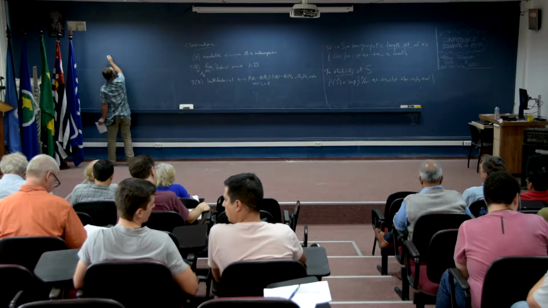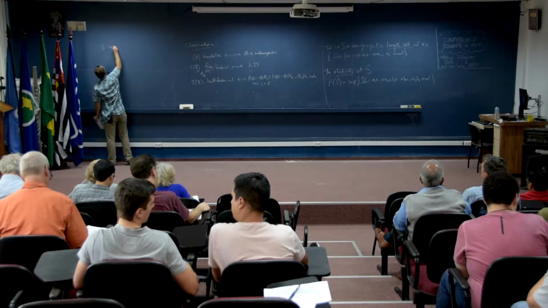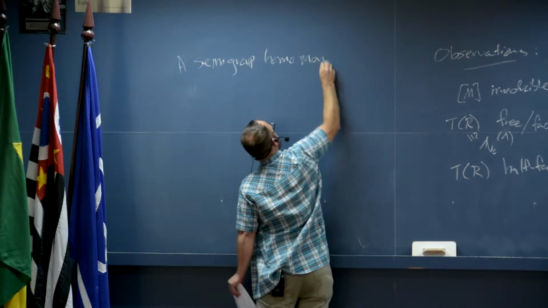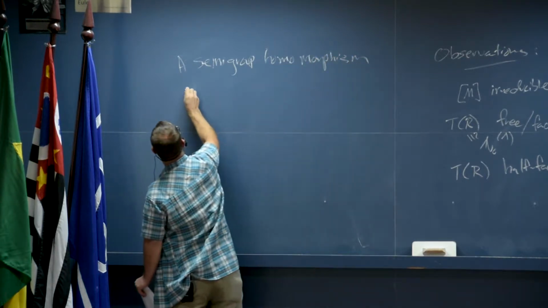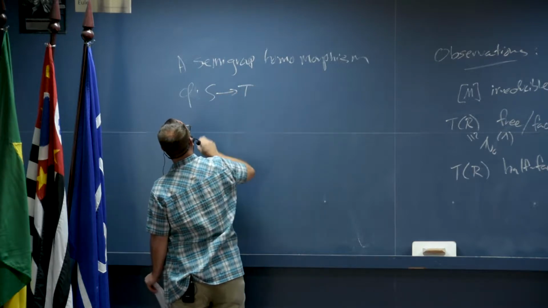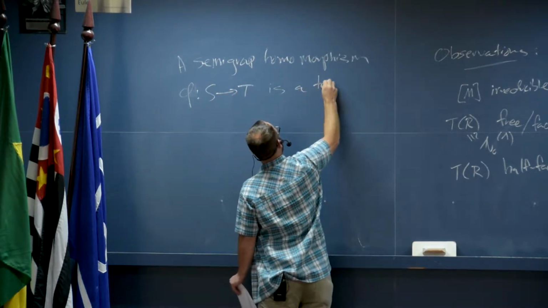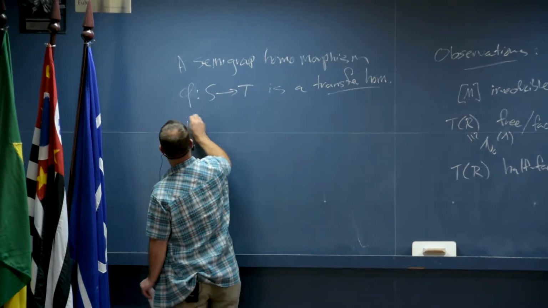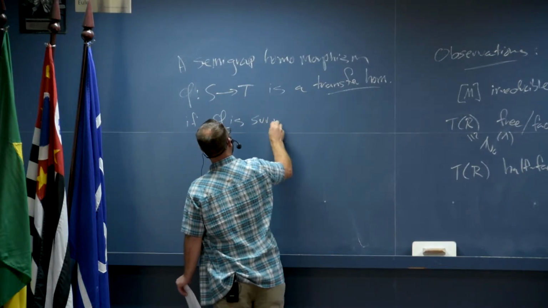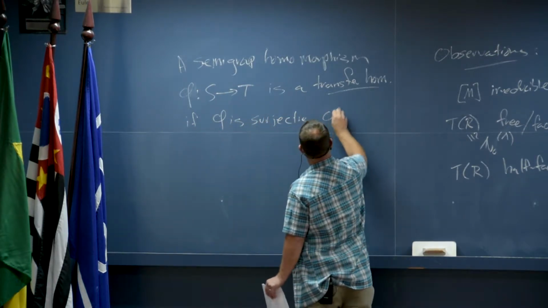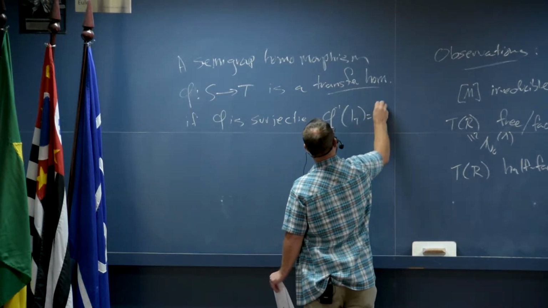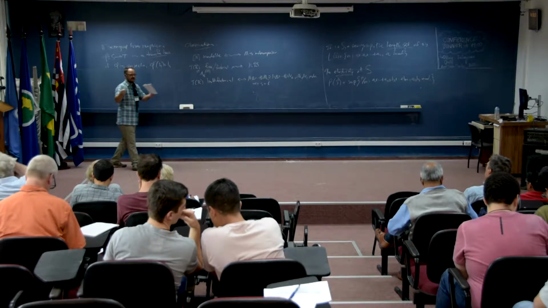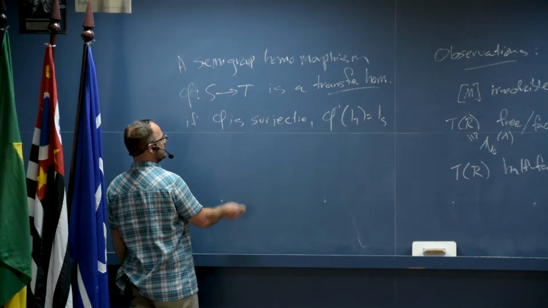A semigroup homomorphism phi between two semigroups S to T is a transfer homomorphism if phi is surjective and units are mapped to units. In this case, if we have reduced semigroups, you just have one is mapped to one, and that's the only thing that's mapped to one.